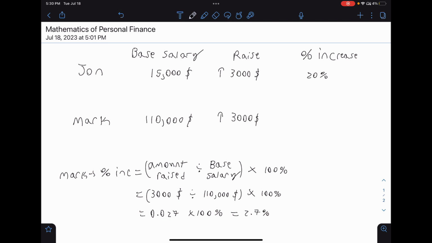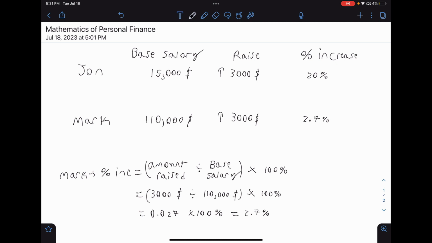Mark had a 2.7% increase when he was given $3,000. Mark was unhappy with this. Mark expected more, even though he had an identical raise to John.